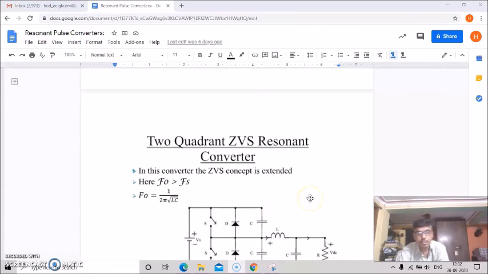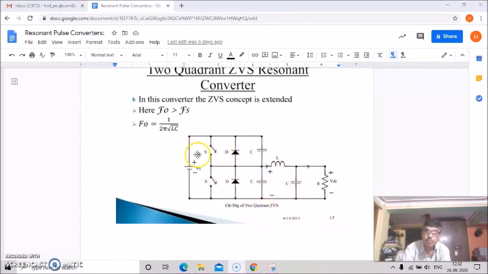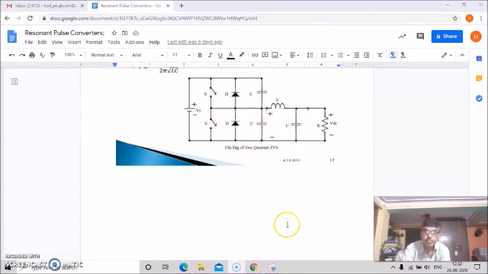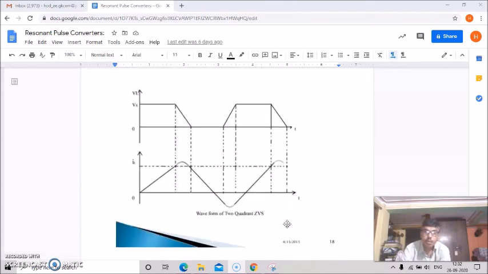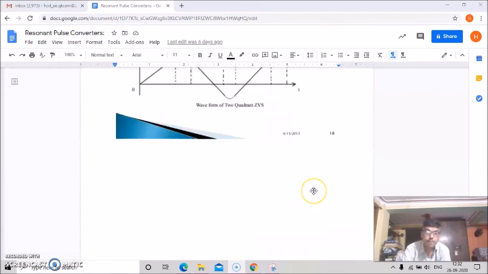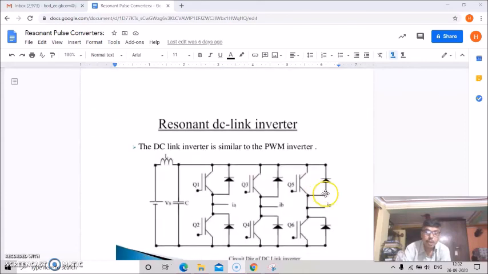Then we discussed the two quadrant ZVS resonant converters. Basically, the ZVS concept is extended here. The output frequency is greater than the source frequency, and this is the circuit of the two quadrant ZVS. Now these are the voltage and current waveforms of the two quadrant ZVS. Then we also discussed resonant DC link inverters.